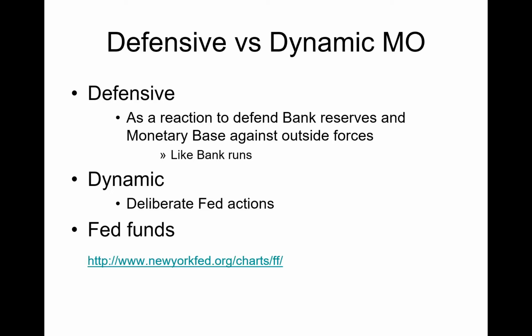So there are two types of market operations, defensive and dynamic. A defensive market operation is essentially when there's a crisis or a bank run or something like that, the Fed is trying to infuse liquidity to save banks. And dynamic is one in which Fed is actually creating a monetary policy repercussion as a result of either purchase or sale of bonds.